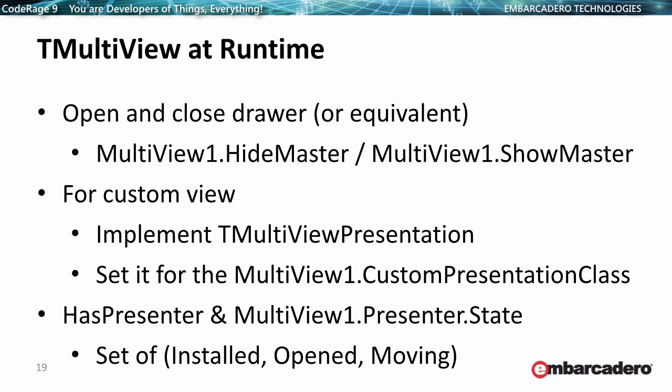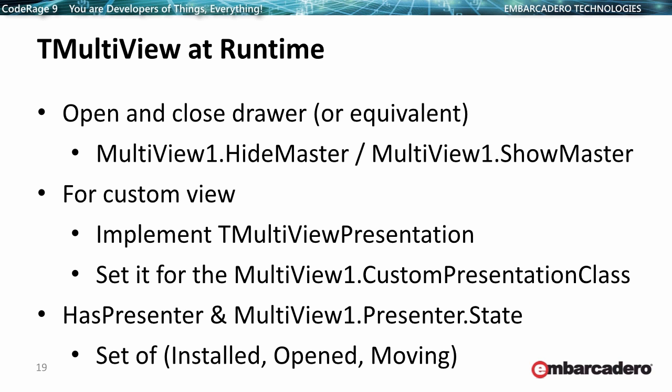Some other behavior things you can do at runtime, though, is you can call hide master or show master to make the drawer open or close, as it were. You can also check to see the state of it. So you want to call has presenter, and has presenter is going to tell you if you have a presenter. Now the presenter is what is doing the presentation of the multi-view.